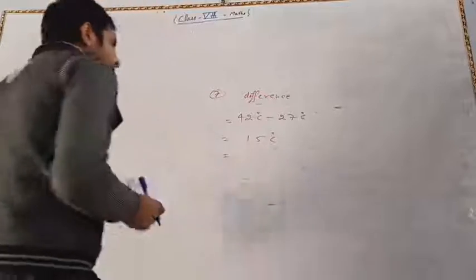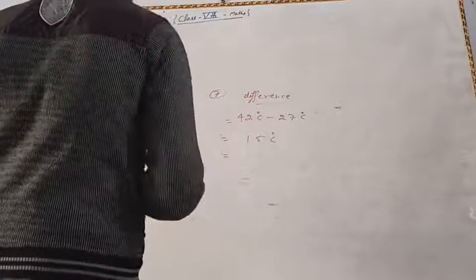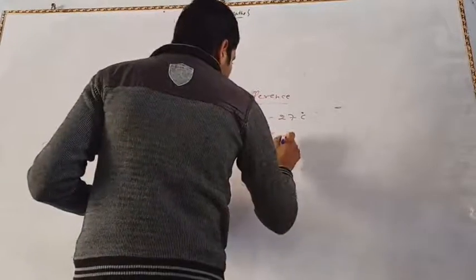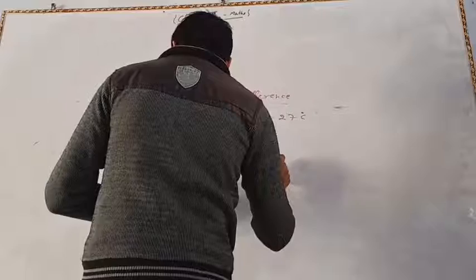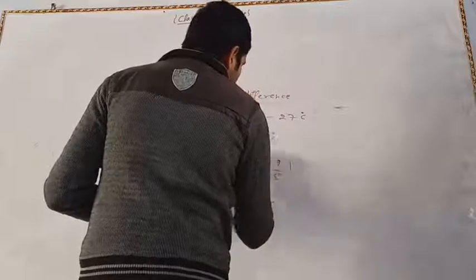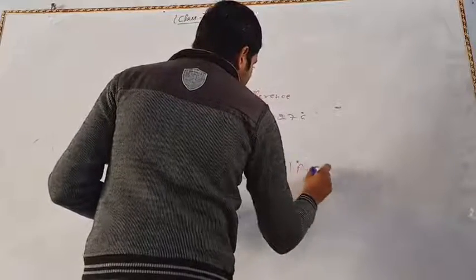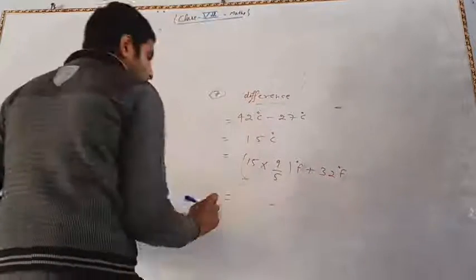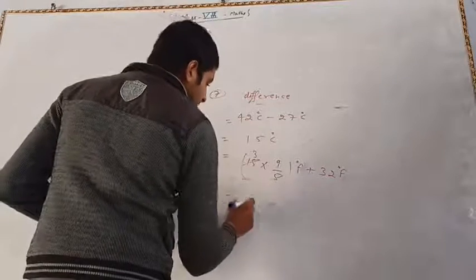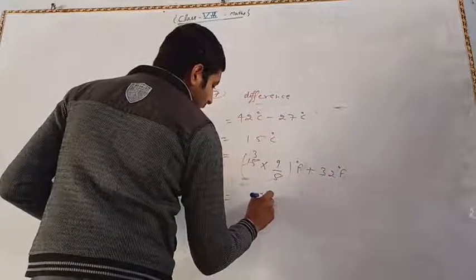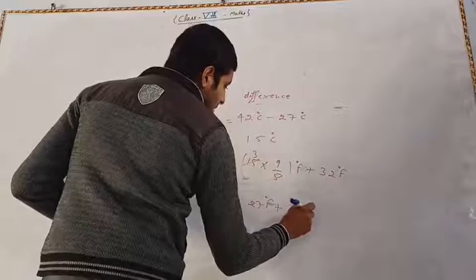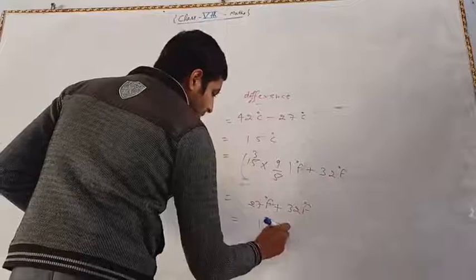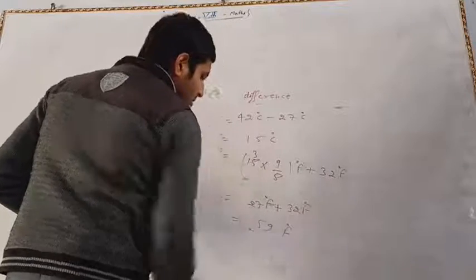To convert it, first of all you have to take 15 into 9 by 5 degree Fahrenheit plus 32 degree Fahrenheit, which is equal to 27 degree Fahrenheit plus 32 degree Fahrenheit, which is equal to 59 degree Fahrenheit. This is the answer. Okay.